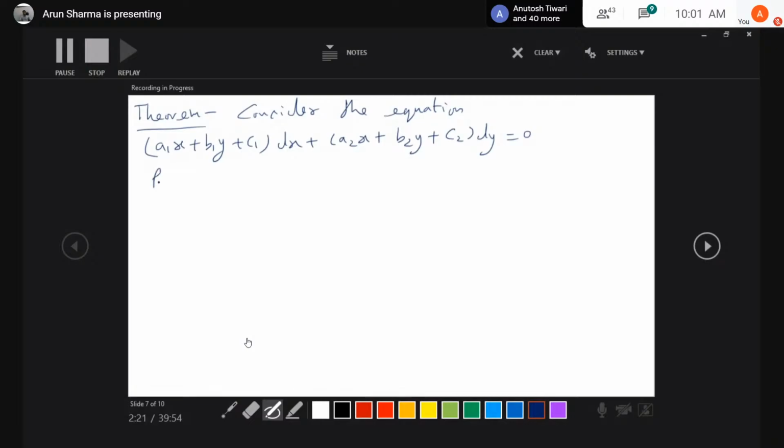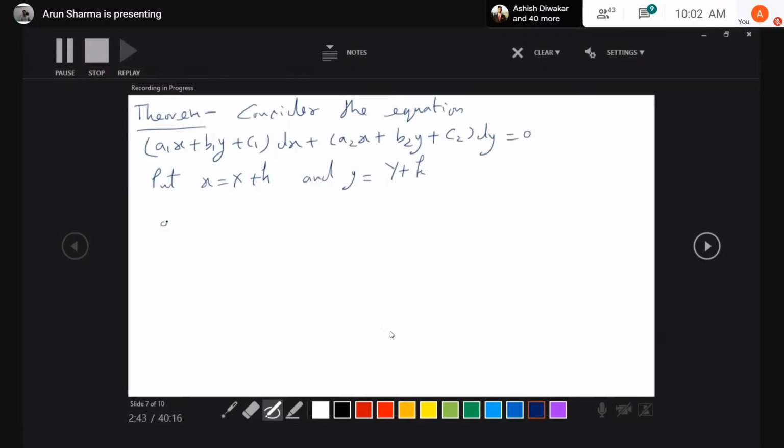So put x equals to capital X plus h and y equals to capital Y plus k. So the whole system will convert into this form.